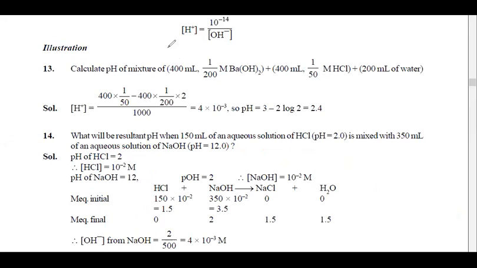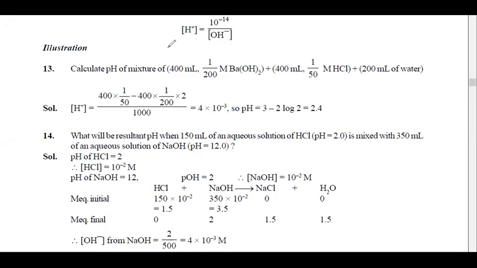Now see this, in question number 13 and 14, or questions like 13 and 14, we have to calculate the concentration of H plus and concentration of OH minus, neutralize them, see which is remaining, either H plus or OH minus, and then find the pH or pOH respectively.